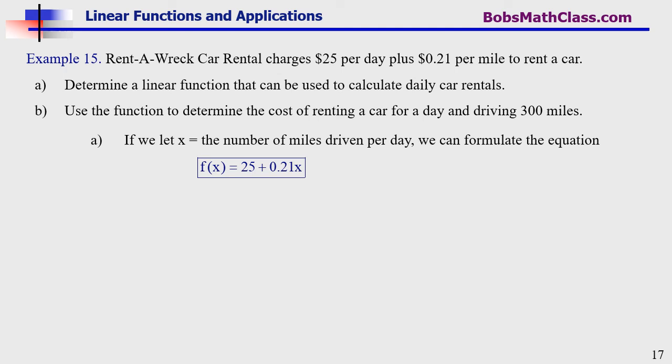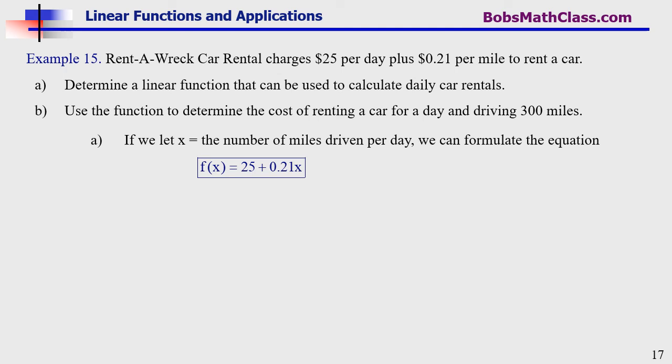So if you drove 1 mile, you would replace x with 1, and it would be 25 plus 21 cents, $25.21. 2 miles, 0.21 times 2 would be 42 cents. So $25 plus 42 cents would be $25.42.